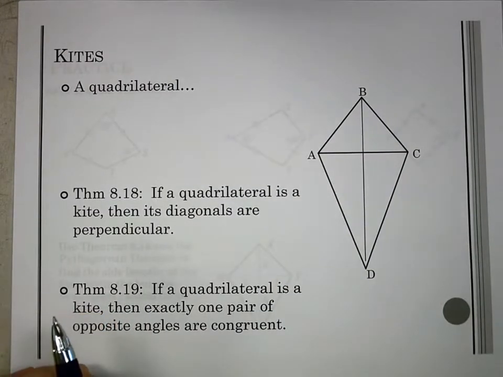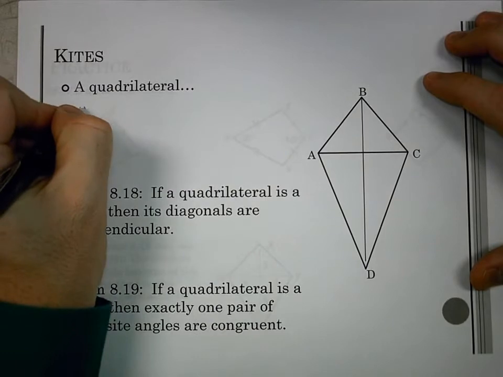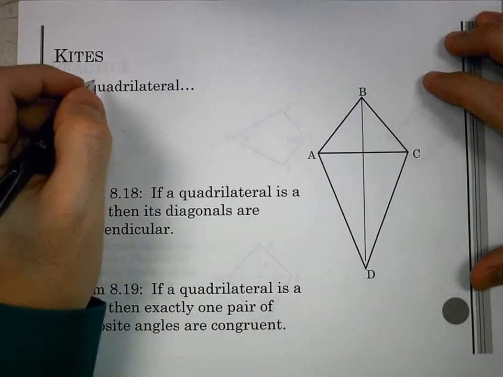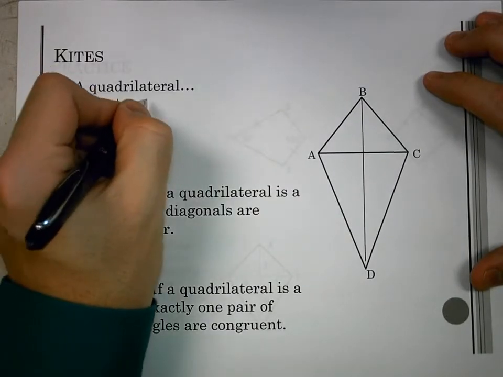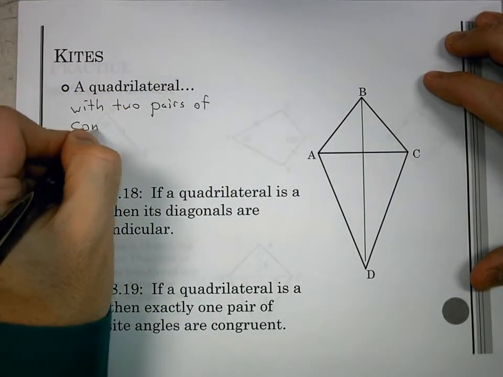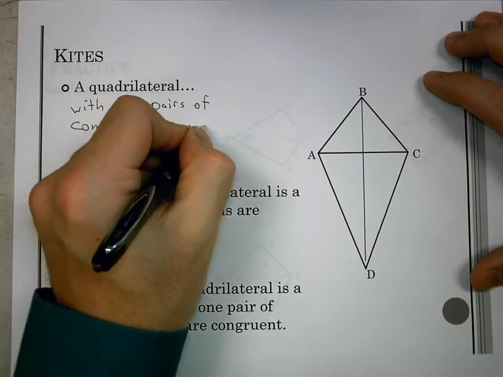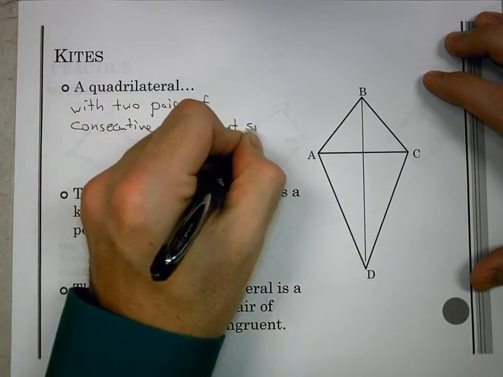A kite is not going to have any parallel sides. But what a kite is, it's a quadrilateral with two pairs of consecutive congruent sides.